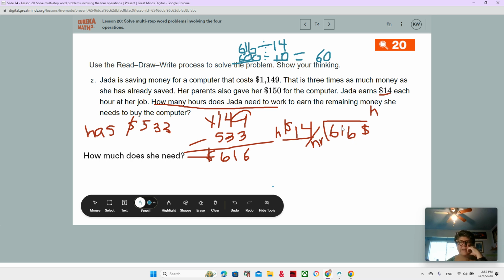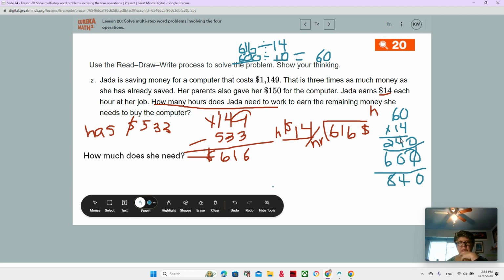So let's think about 60 times 14. 4 times 0. 4 times 6 is 24. Magic 0. 1 times 0. 1 times 6. That's 840. Too big. So we need to be a little bit smaller, by about 240.